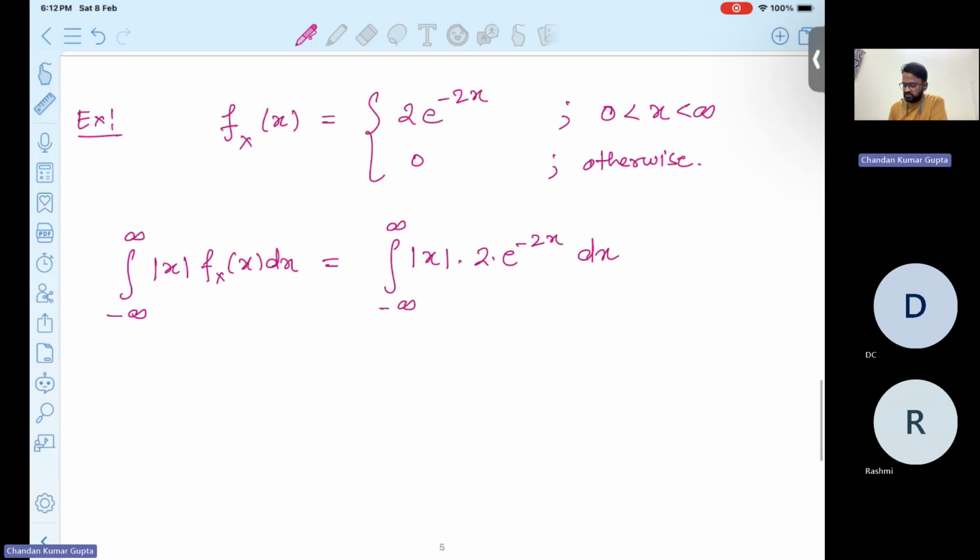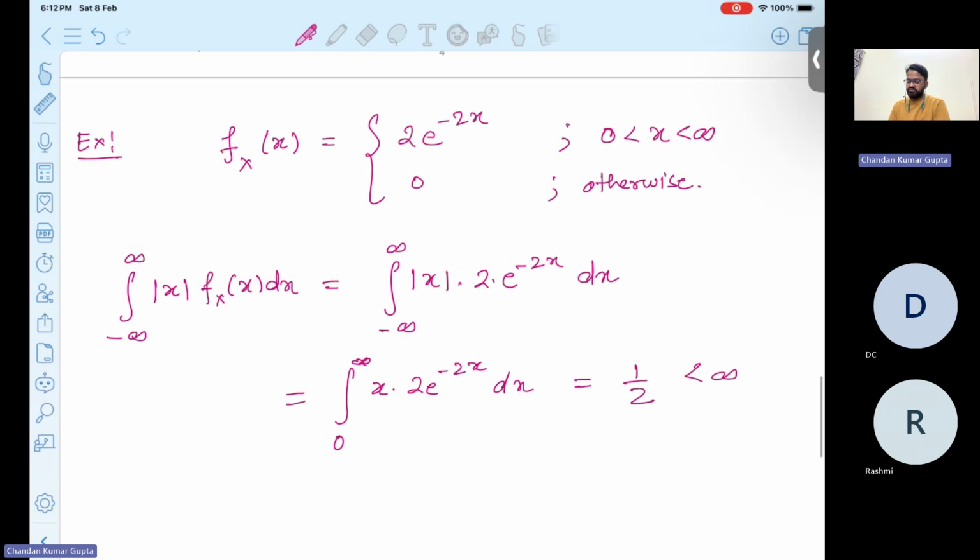Since the range splits into minus infinity to 0 and 0 to infinity, we can directly write this as the integral from 0 to infinity of x into twice of e to the power minus 2x dx, and after solving we will get its value, half. Actually it is a convergent integral, which is a finite value.